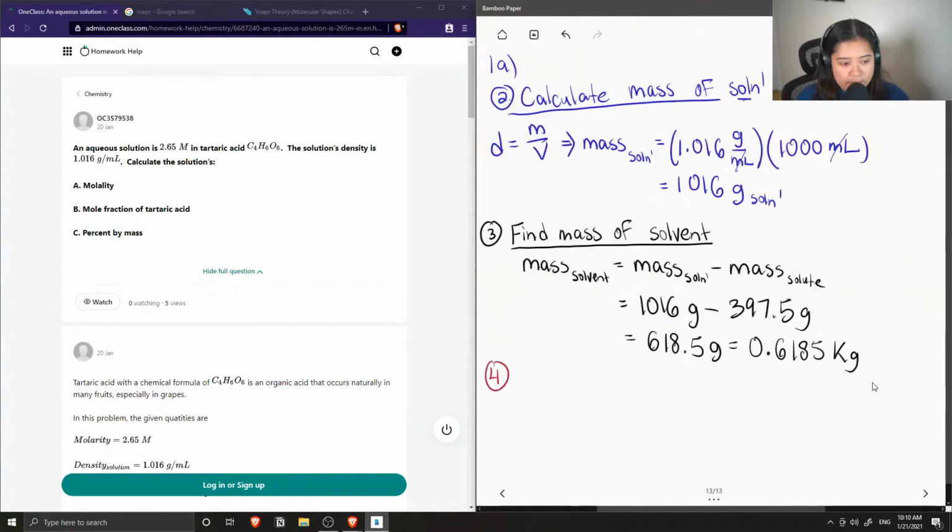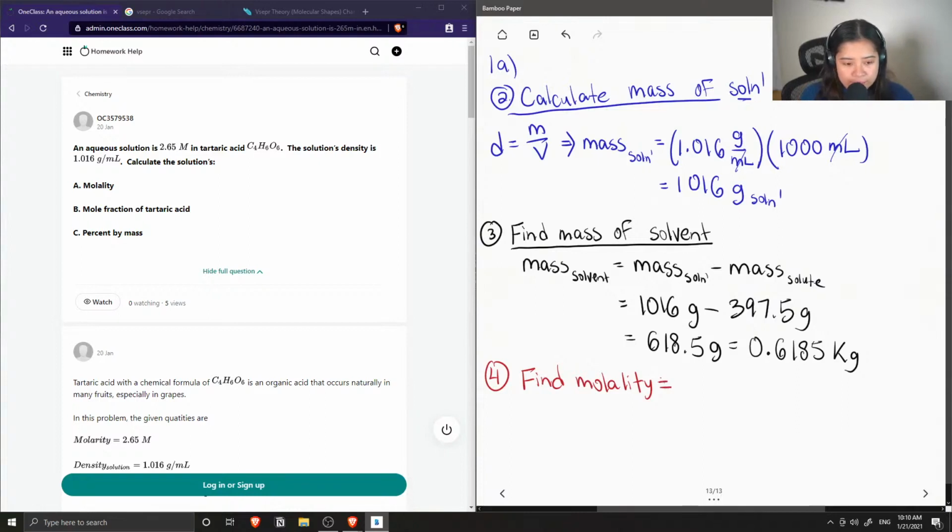Okay, so now step 4 of part A is to find the molality. Molality can be denoted as lowercase m, but just don't get it confused with mass. I'm just going to write the equation here.